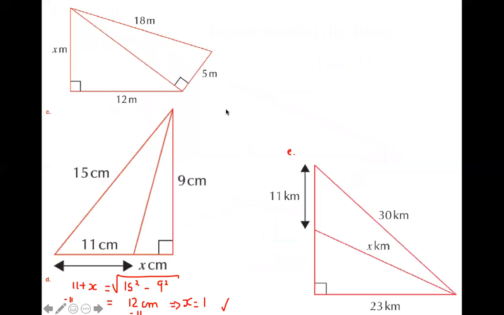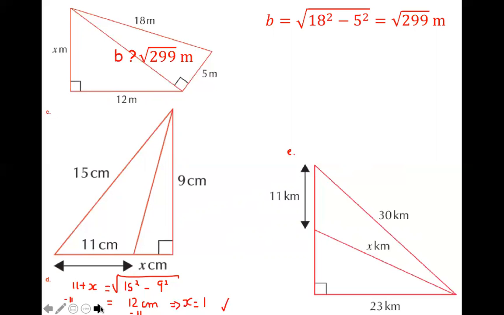So you would do the same kind of calculation for the other 3 here, again using a 2-step approach. For the first one, I would try and find b. So b is one of the shorter sides. So it's going to be square root of 18 square minus 5 square, which is root of 299. And you've noticed I'll leave it as a square root because I know my next answer, x, is square root of 299 minus 12 square.